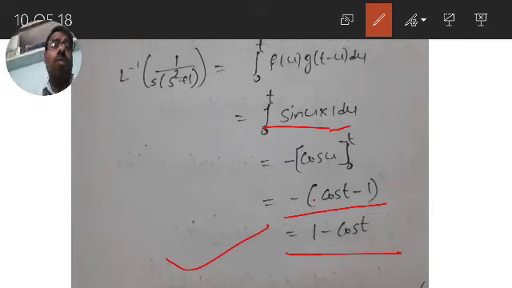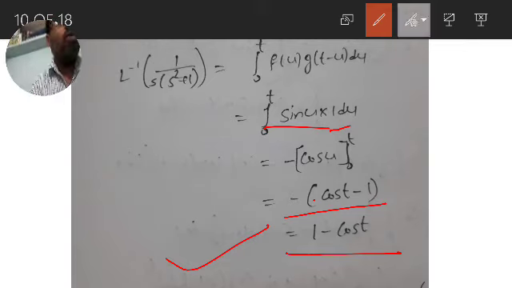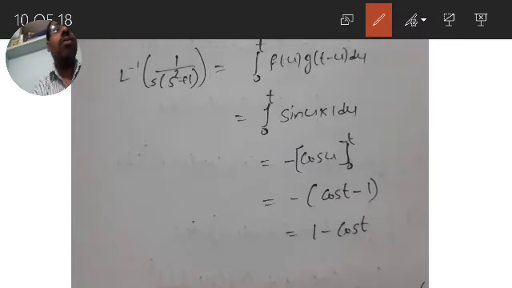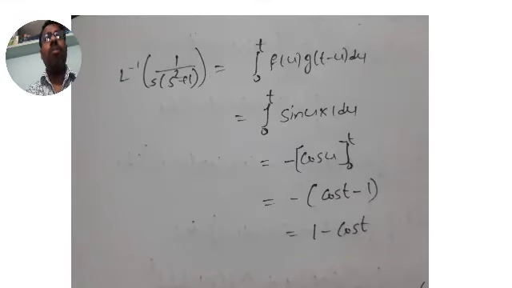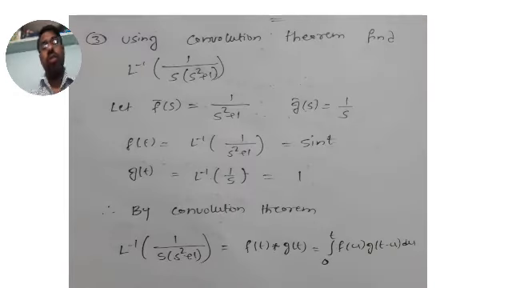So what we did here is we choose the simple one as g bar of s and the other one as f bar of s. That is, you have to keep it in mind. That is the third problem of today on convolution. Note it down. Let us go to the next problem.